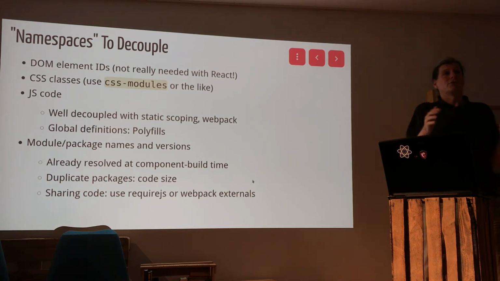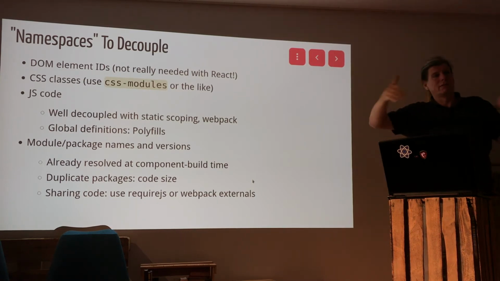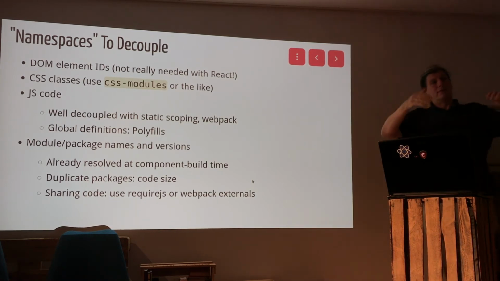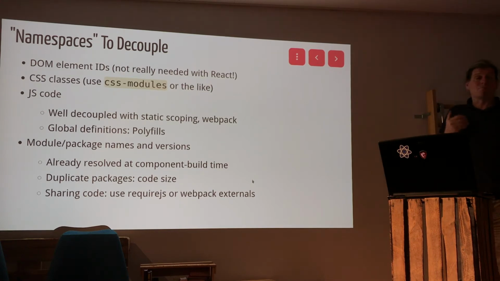Then JavaScript code is fortunately not much of a problem because JavaScript is statically scoped. Also Webpack packs all the top-level declarations of the individual module files into functions, so they are hidden from the outside, and even what is exported is only visible to other functions which explicitly import it. So there we hardly have any problems. The only exception is where we need some global definitions, and the usual situation for that is polyfills.